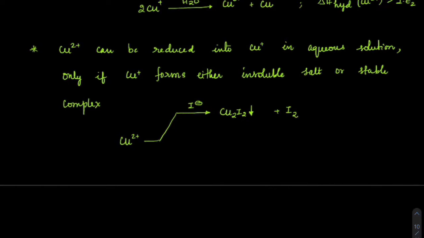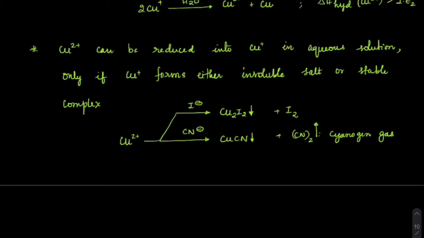So iodine gets oxidized, copper gets reduced. Similarly, the same thing is seen with cyanide. With CN minus, you would see CuCN precipitate formed with (CN)2, which is known as cyanogen gas, released. Okay, a very harmful gas.